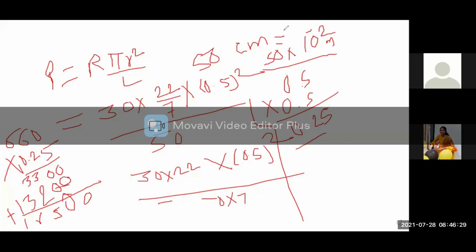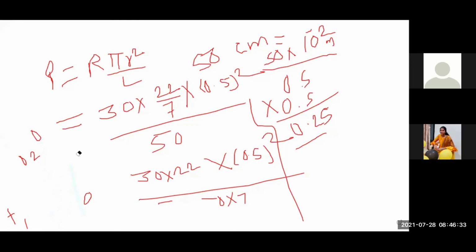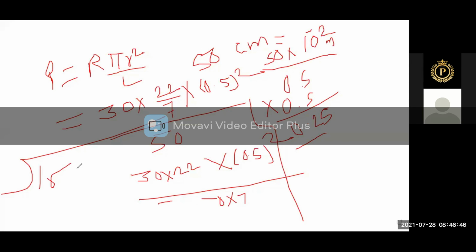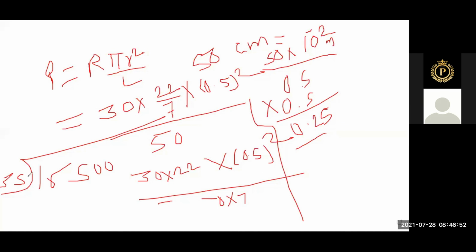We have to divide 16,500 by 350. If you know the table, you can do it directly.